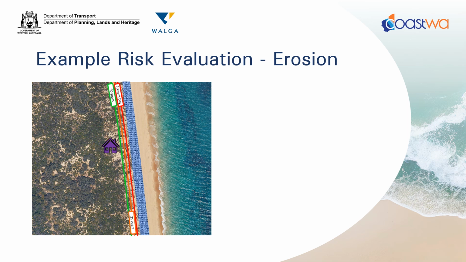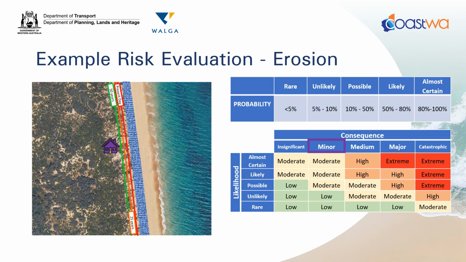So if we're assessing over a 50-year planning horizon and there's a commitment to maintain that seawall over a 50-year planning horizon, then we're looking at this and we're saying, well, our actual probability now is rare because we're again sitting outside of those coastal erosion hazard lines. So when we assess, our consequence would still be minor, our likelihood is rare. Well, now we have a risk and vulnerability level that's low.